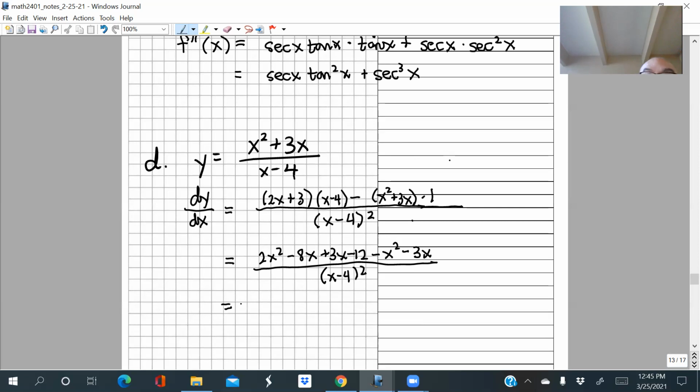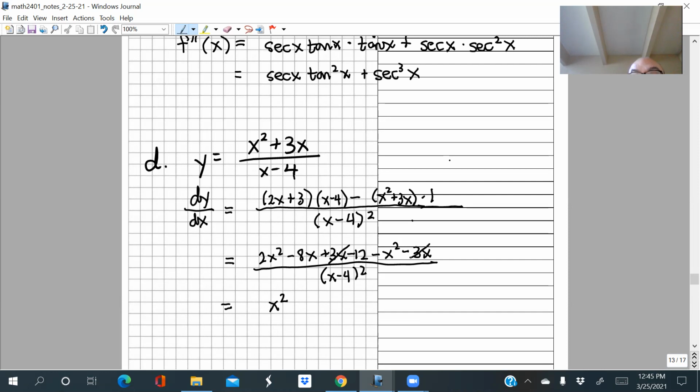Now you can add your like terms together. So what do we end up with? This big mess: 2x squared minus x squared is x squared, and then minus 8x plus 3x minus 3x.